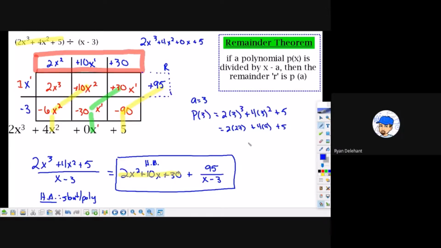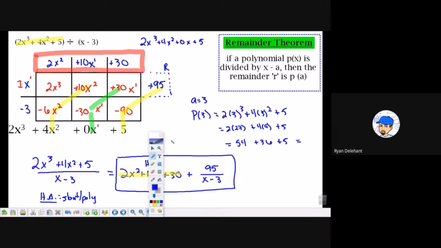I'm doing this without a calculator. You guys got to double check me. This is 54 plus 36 plus 5. What happens when you add those three numbers together? 54 and 36 is 90. Plus 5, you get a positive 95. What do we see? This positive 95 is the same thing that we got right there.